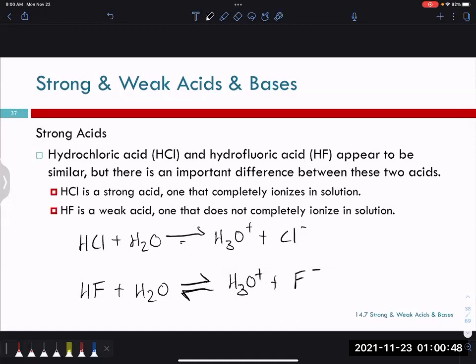If you stick those electrodes into a solution of hydrofluoric acid, which is a weak acid, you'll get a dim light on that light bulb. If you put that into the hydrochloric solution, it'll light up completely. That's part of why these are also called electrolytes, because they can conduct electricity.